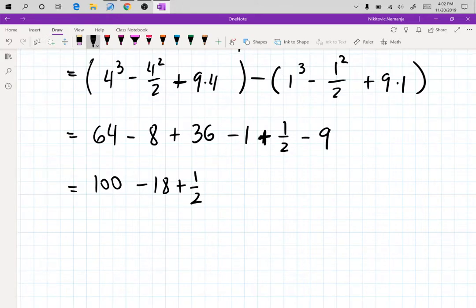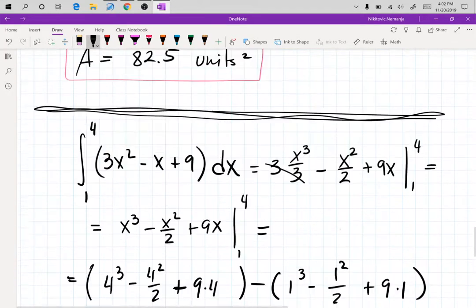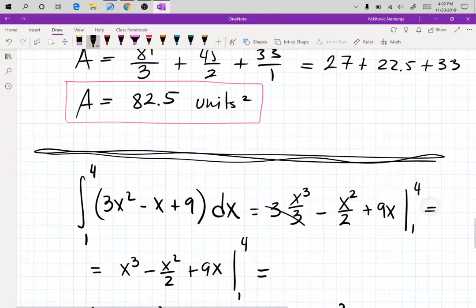Because we have minus 8, minus 1 is minus 9, minus 9 minus 9 is minus 18, and then you have the half. 100 minus 18 is 82, plus 1 half is 82.5. Hey, we had 82.5 before.